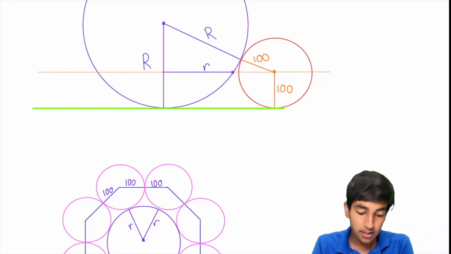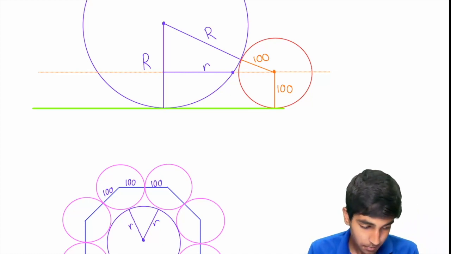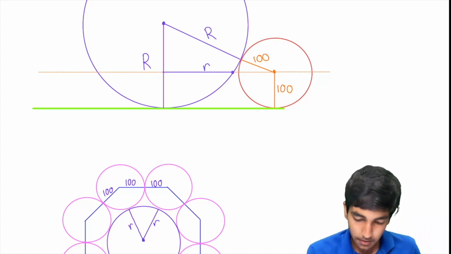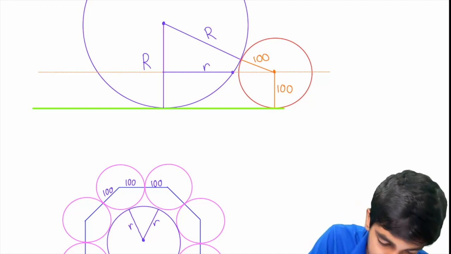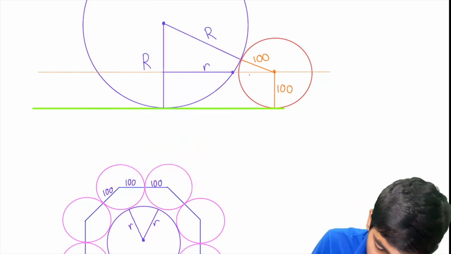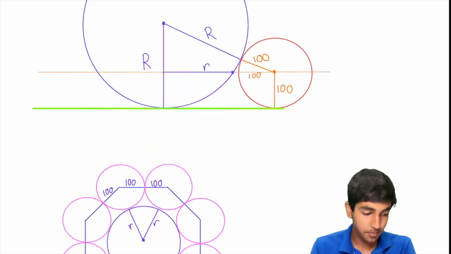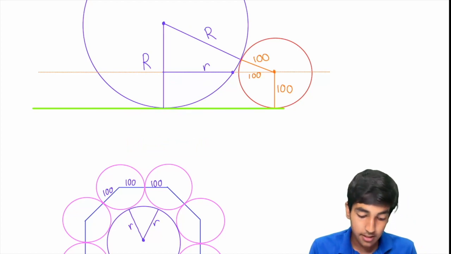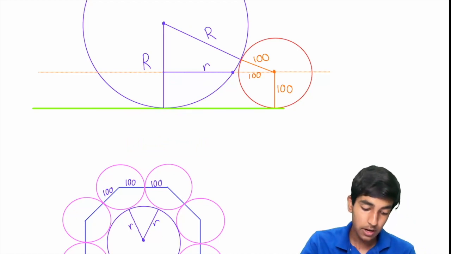That thing is the little radius of the circle. And this over here is 100 over here. So now the question is what is this little radius, really?